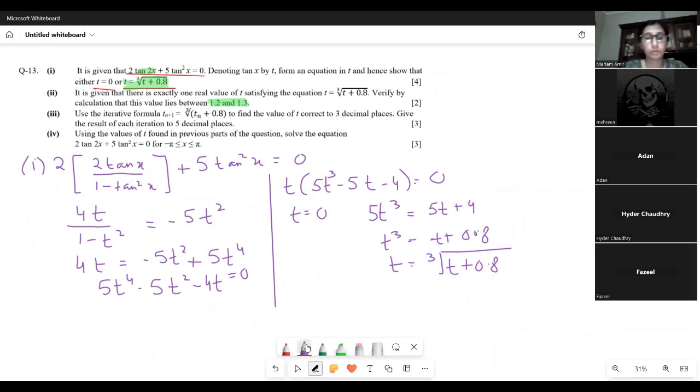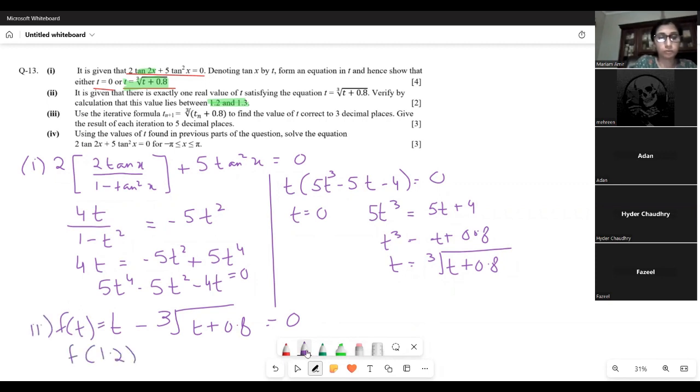You first have to ensure that you get 0 on one side of the equation. So I'm writing t minus cube root of t plus 0.8 equals 0, and we're going to call this f(t). So find the value of f(1.2) and then f(1.3), and you will notice that there is a change of sign, indicating that the graph crosses the x-axis between 1.2 and 1.3.